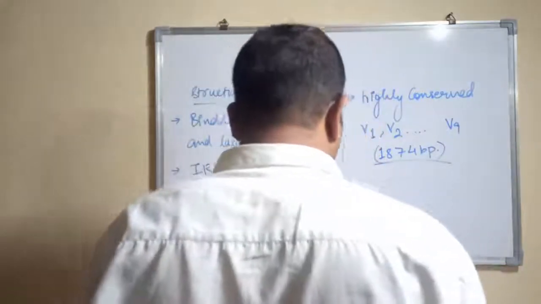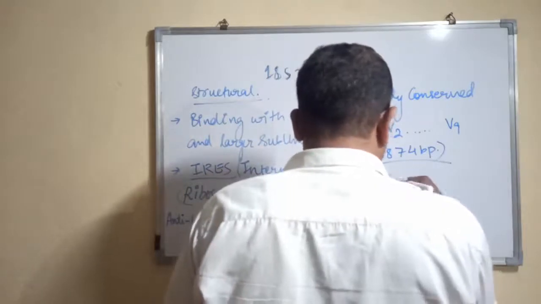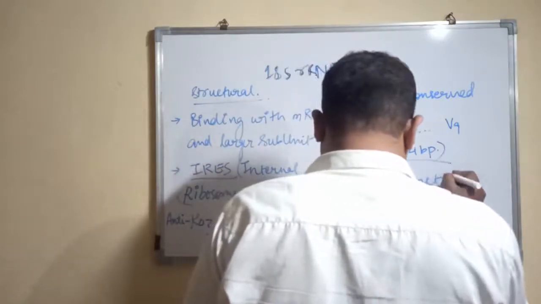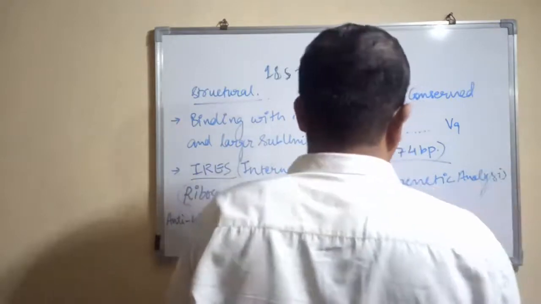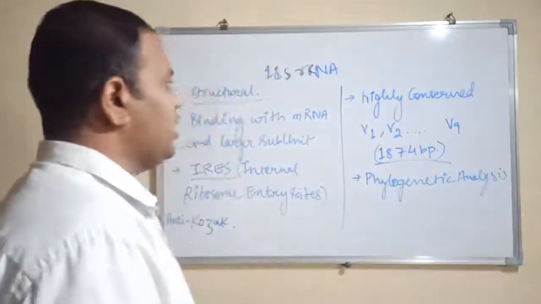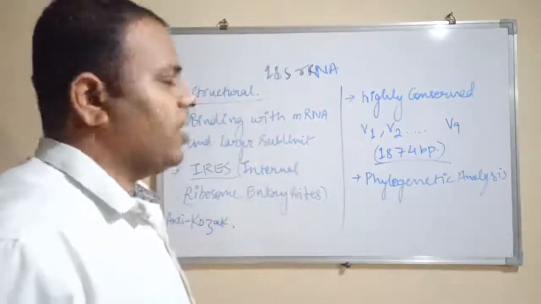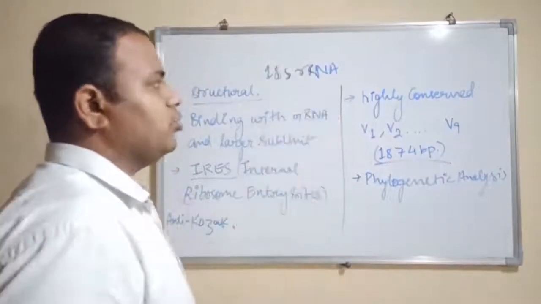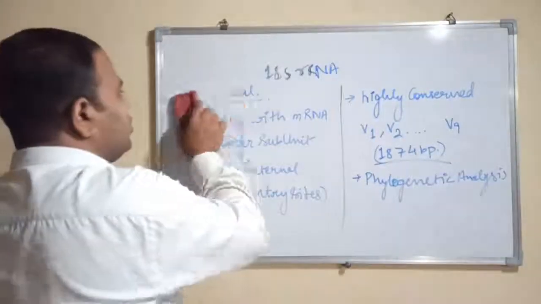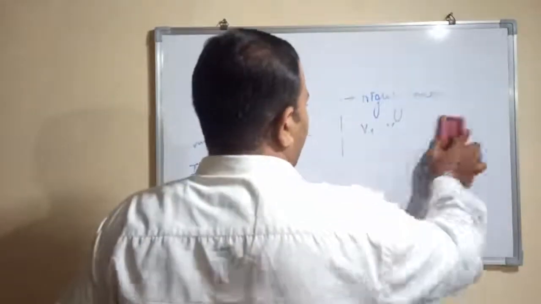They are highly conserved, so they also help in phylogenetic analysis of the species. Now let's see how this 18S rRNA sequence is sequenced and then used for identification purposes.